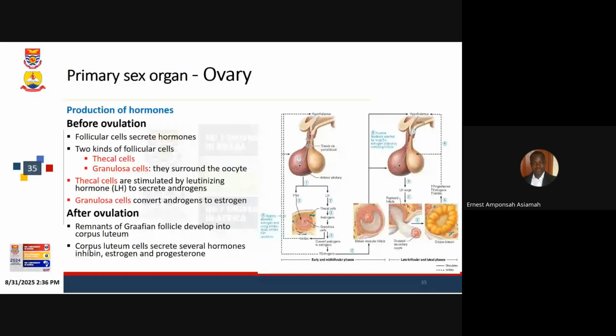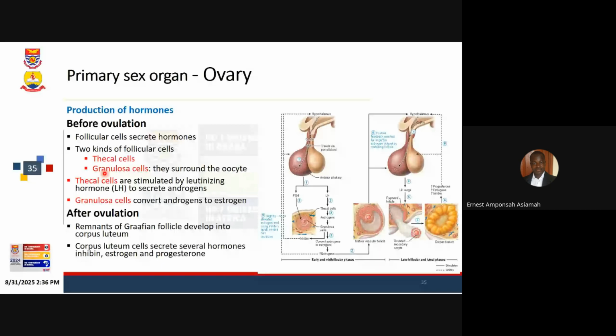Then we look at the concept of hormone production. Before ovulation, the follicular cells, the supporting cells, will secrete hormones. There are two types of follicle cells. We have one which we call the granulosa cells.